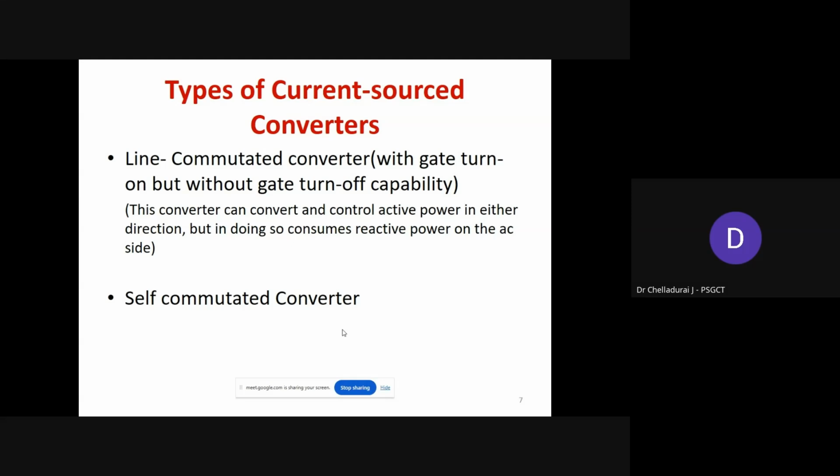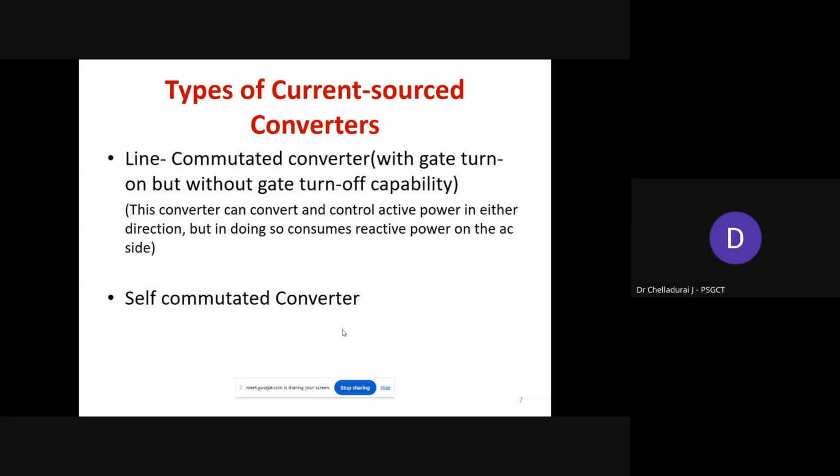zero crossing point will turn off the device. Examples of this line commutated converter are the single phase or three phase fully controlled converter topology, or in an HVDC system, anti-parallel connected converter topology, where we can exchange power from one side to the other, DC into AC or AC into DC.